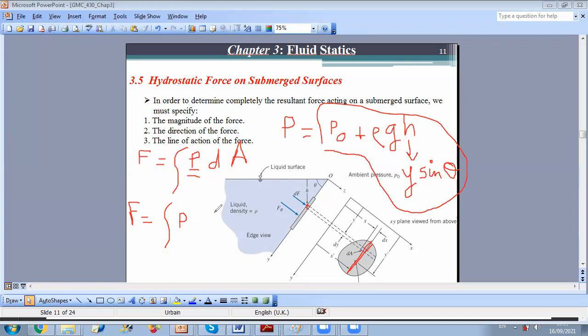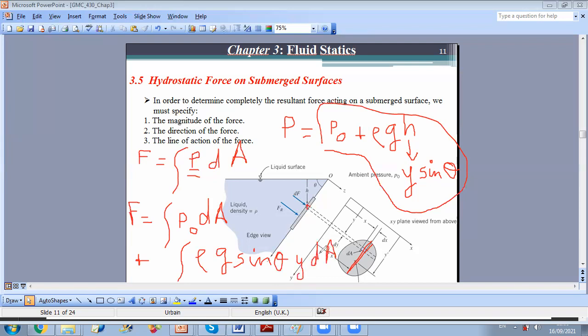I will split it into two terms, because here I have P0 plus this term, so it's the integral of P0 dA plus the integral of the second term, which is rho G sin theta times Y, along dA.